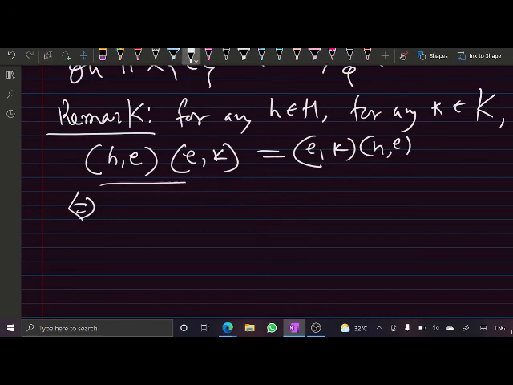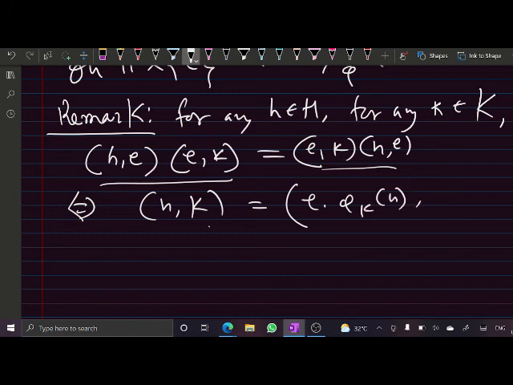Now from the left side you will have (h, k). From the right side, you will have (e · phi_k(h), k · e), that is (phi_k(h), k).